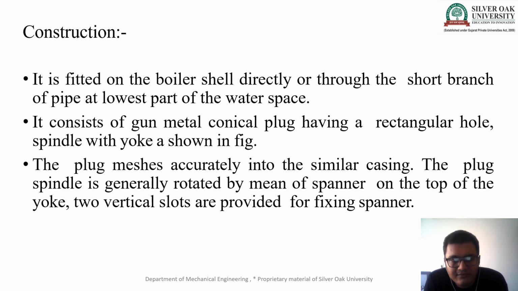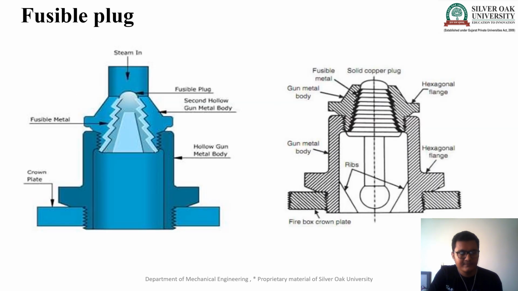It consists of a gunmetal conical plug having a rectangular hole and a spindle with a yoke, as shown in the figure. The plug meshes accurately into a similar casing, and the plug spindle is generally rotated by means of a spanner on the top of the yoke, and two vertical slots are provided for fixing this spanner.